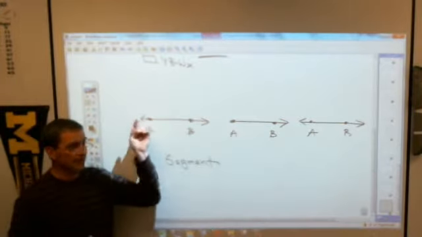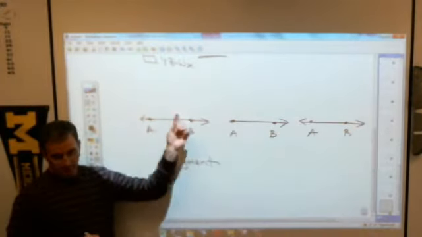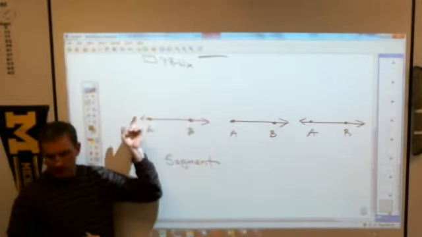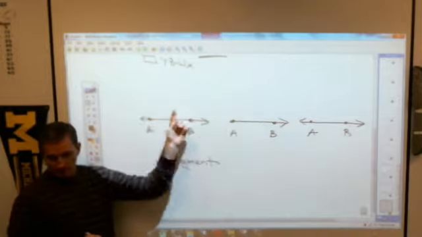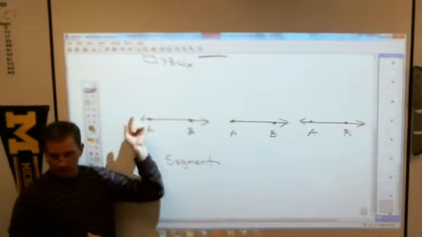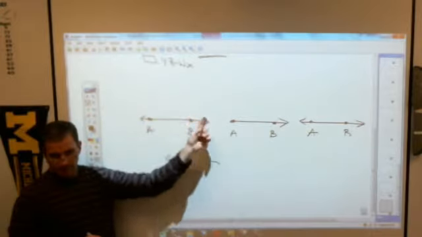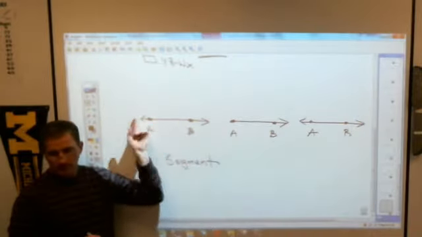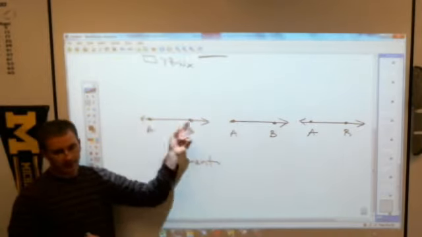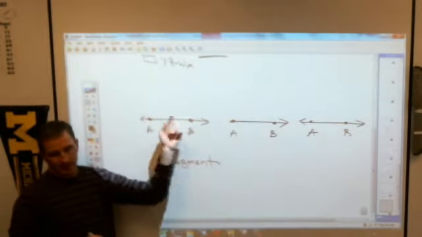First of all, is this a line or a segment? Give you a chance to think about that. The answer to that is, believe it or not, yes, it is both a line and a segment.